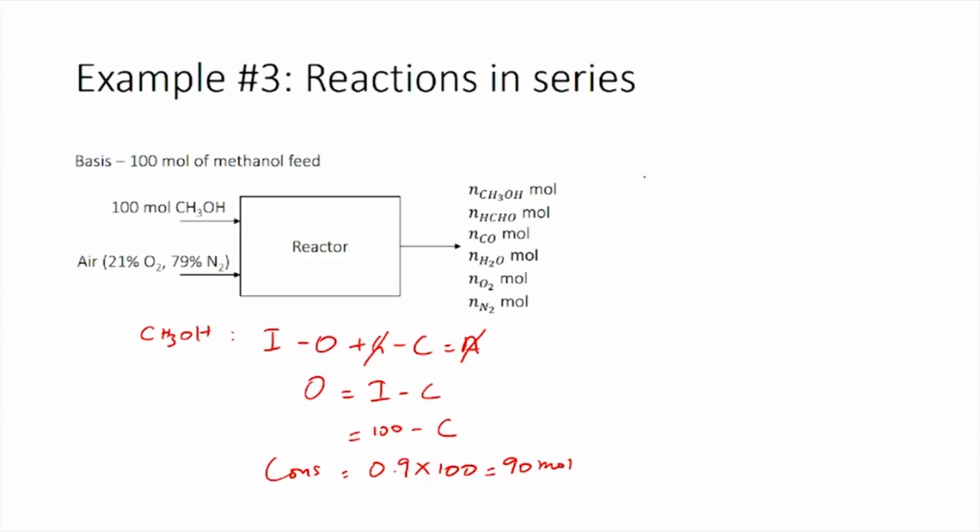Therefore, the methanol leaving the system, the output n_CH3OH, is 100 minus 90, giving you 10 moles. So, 10 moles of methanol is leaving the system.